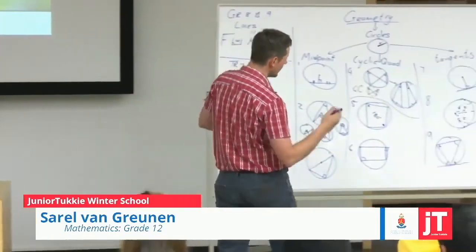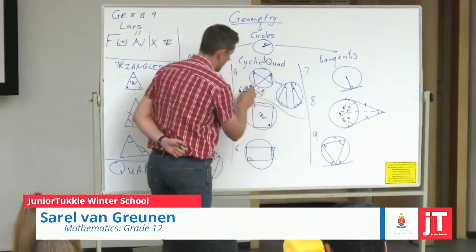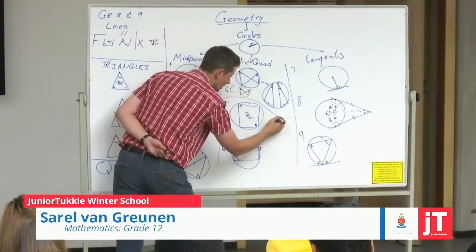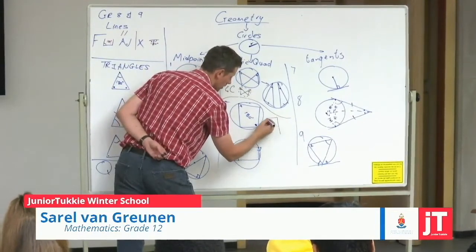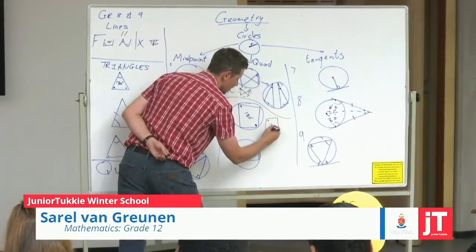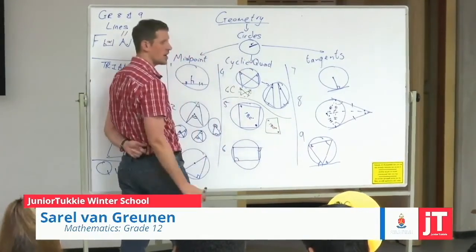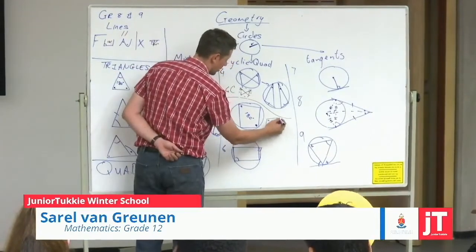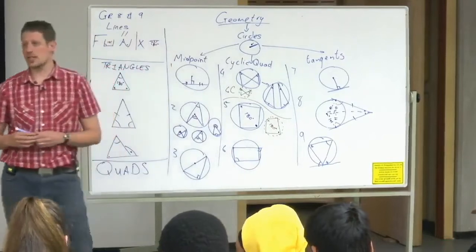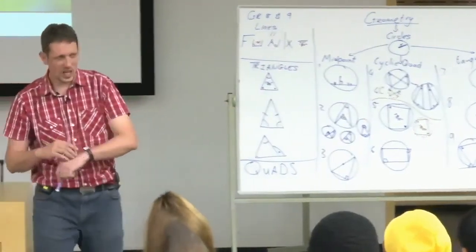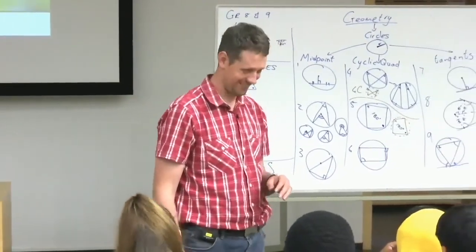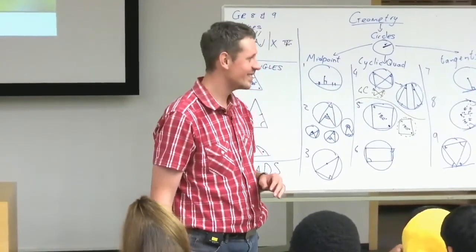So the one way is by proving that the bow tie angles are equal, or theorem 5's converse, if the opposite angles add up to 180, we could draw a circle around it. Now I want to quickly ask you guys this question. Are all rectangles cyclic? Yes.